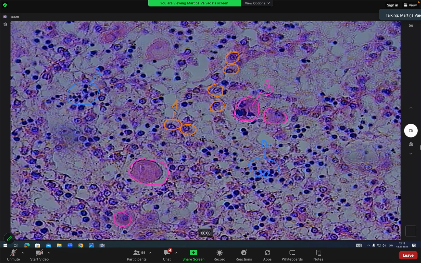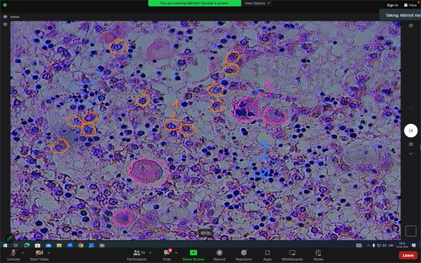So hepatocytes are medium-sized cells. I'm using orange color to show you all the hepatocytes, which I will be drawing here for the whole day to circle all of them. All of these are hepatocytes, all of them. The small dark blue cells, those are nucleated erythroblasts that form the hematopoietic islands. Is this better or clearer? Yeah, okay.